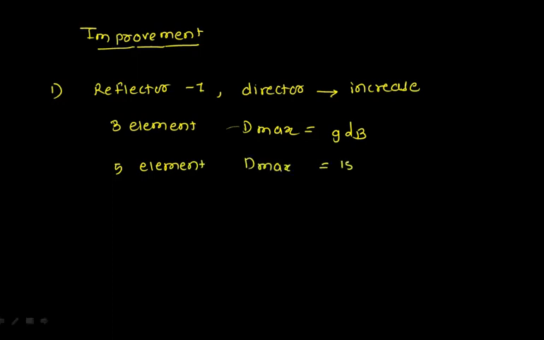As I add more directors, there should be a limit on how many you can add. The maximum director count is up to 13 elements, not more than that, because even if you add more elements, there is no such improvement in the directivity.